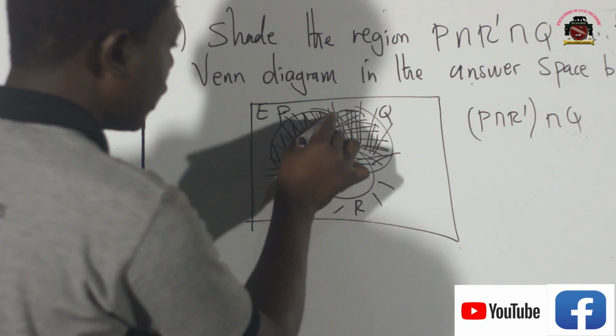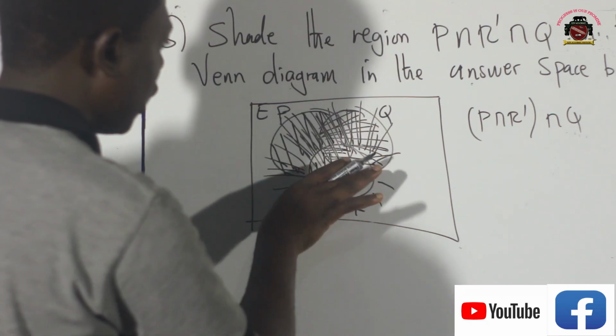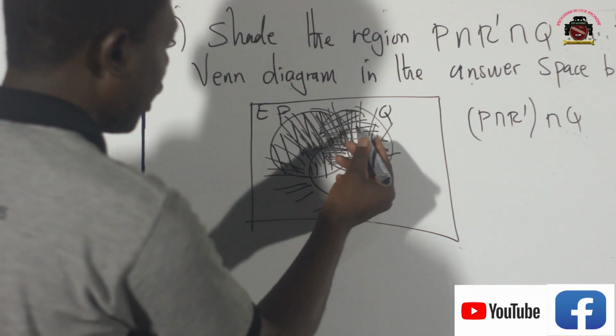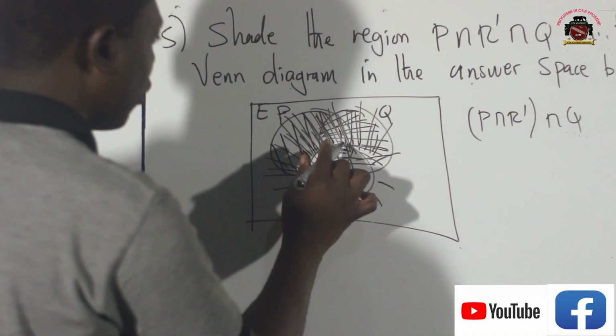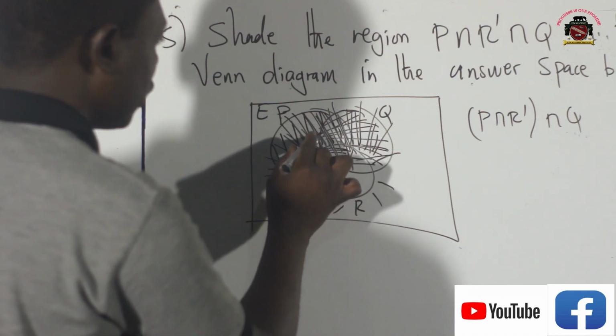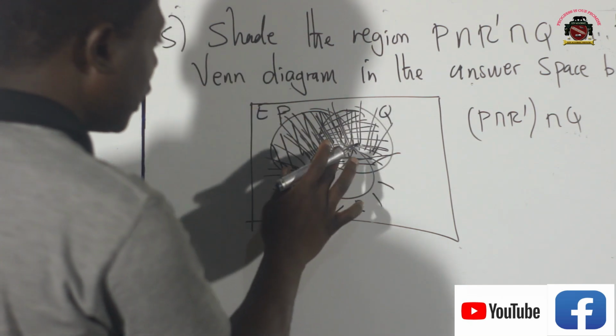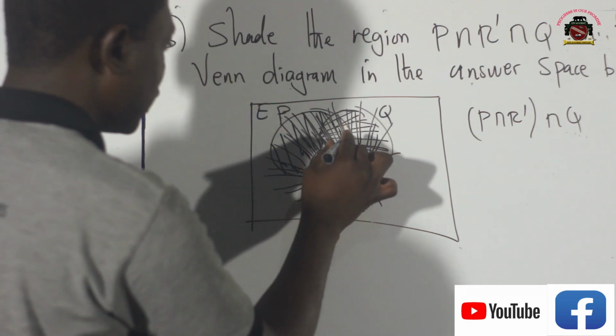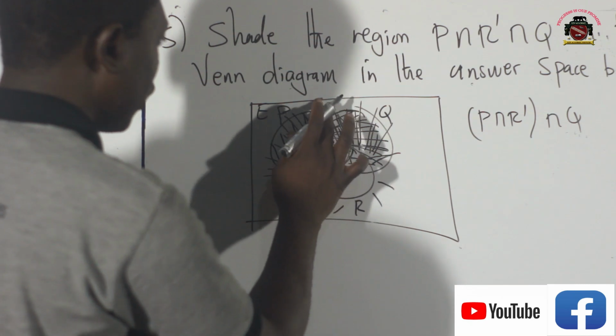So where are they intersecting? We have this set here, this set here, and also the complement of this set, which is just on this one here. Where they are intersecting is on this point here.